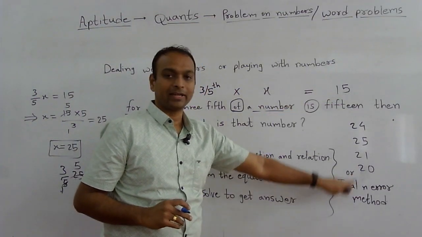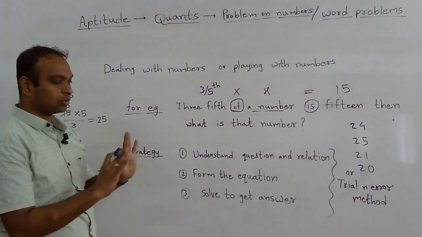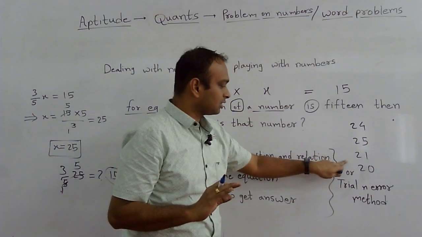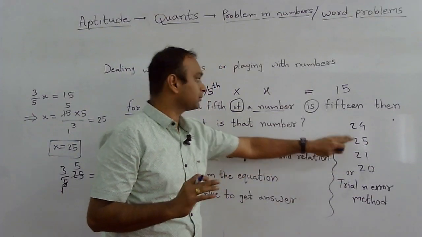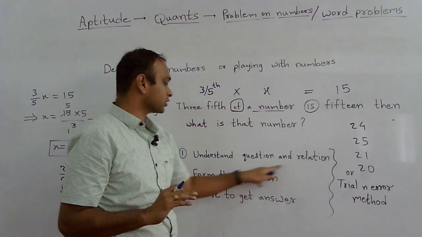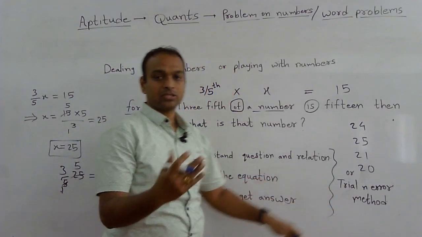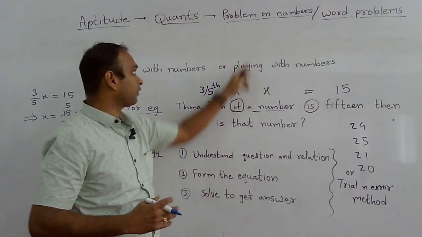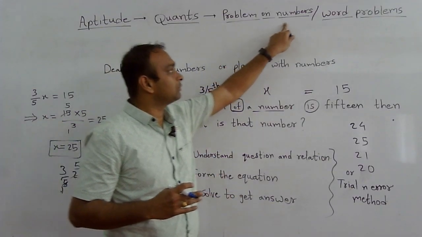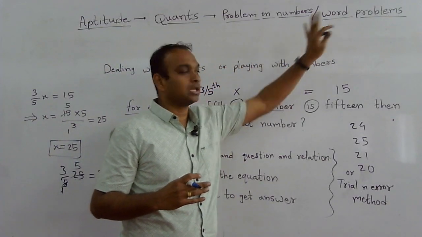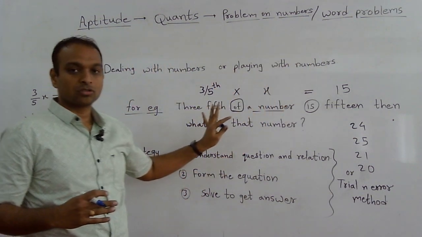This is trial and error, without forming any equation. Just check which of these options fits perfectly in that question and relation. This trial and error method can be called the shortcut method for solving problems on numbers or word problems. Okay, so this is how you can deal with this topic.